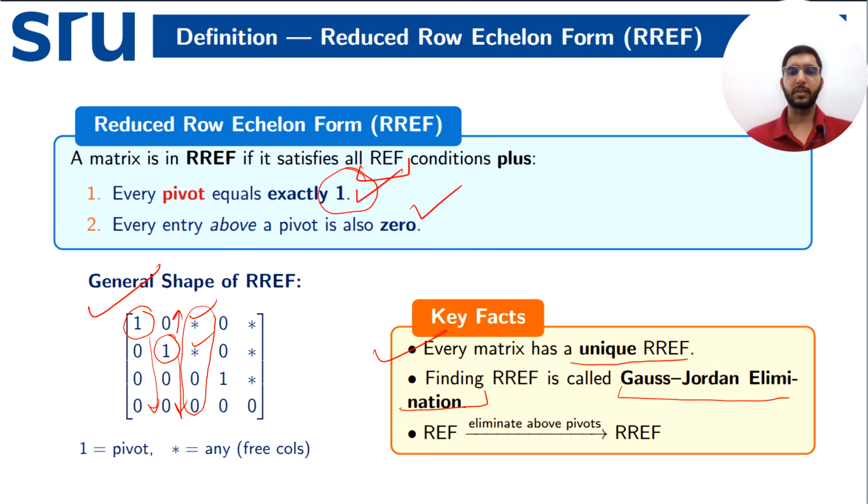If we have a matrix in row echelon form, we eliminate the entries above pivots and make pivots 1, then we reach reduced row echelon form.